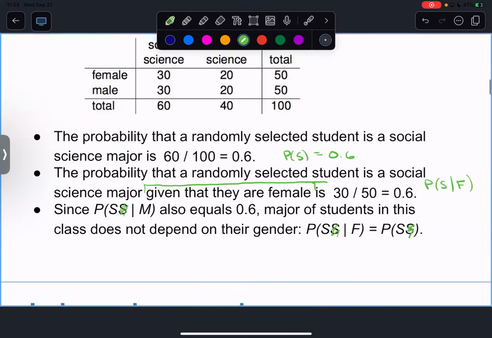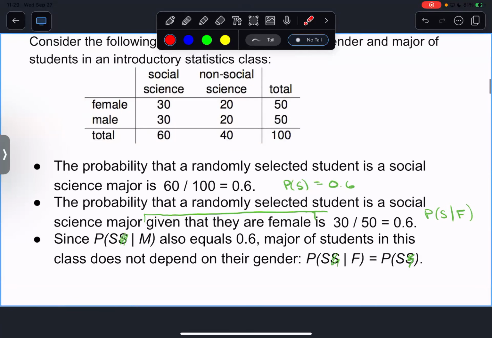From the table, if I asked you to find the probability that a randomly selected student is a social science major, given that they're female, what are you going to do in terms of the table? No fractions allowed. I've been given that they're female, so I'm restricted to this region.